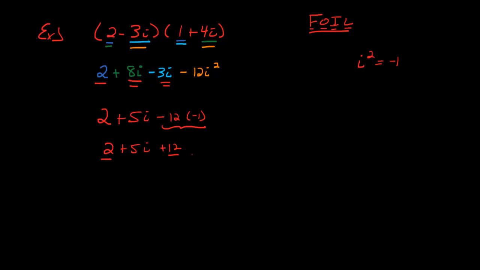And now you can combine your constants and give you 5i plus 14. So this actually gives you another one of those complex values. It's nothing too crazy, but you want to make sure to follow those properties whenever you multiply two binomials together.